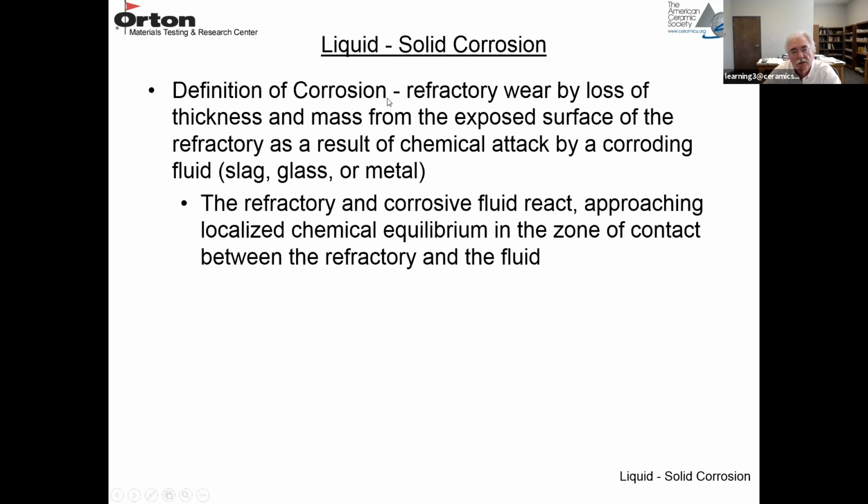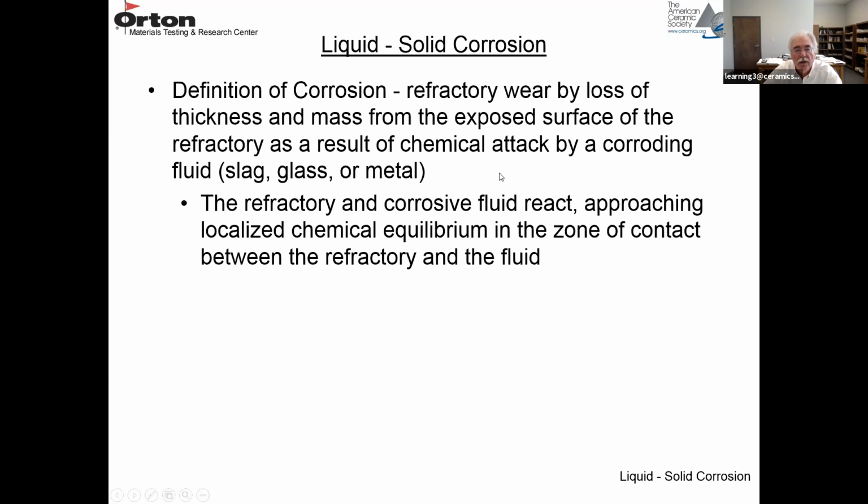So to define corrosion, it's simply refractory wear by loss of thickness or mass from an exposed surface of the refractory as a result of some type of chemical attack by a corroding fluid. That could be a slag, could be glass, could be a metal.